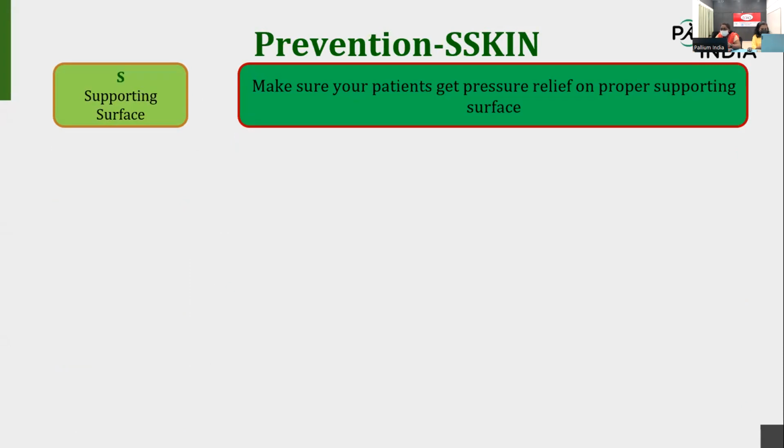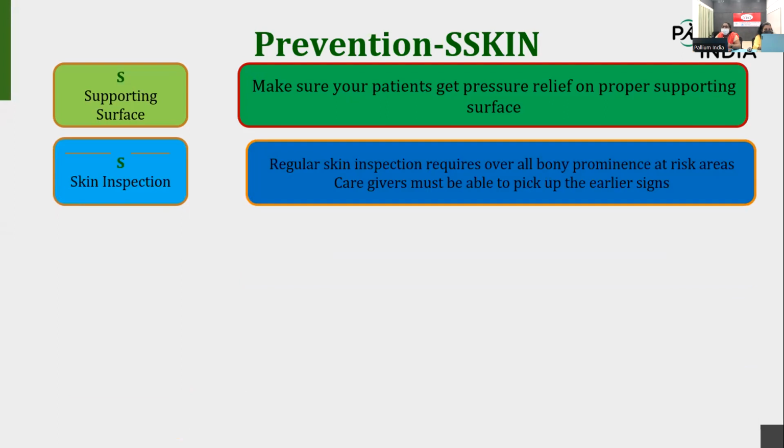You can suggest an air mattress or water mattress, or if they are not affordable, you can suggest a soft mattress too. The second is skin inspection. Whenever we turn the patient from one position to another, you have to give special attention to the pressure points, especially the bony prominences.